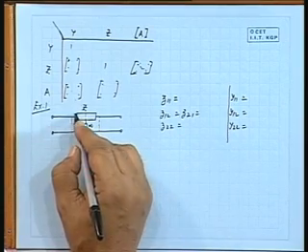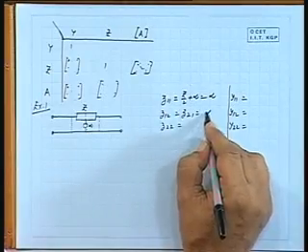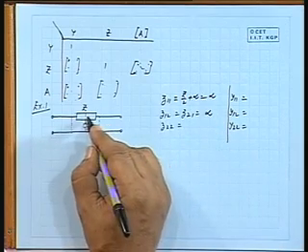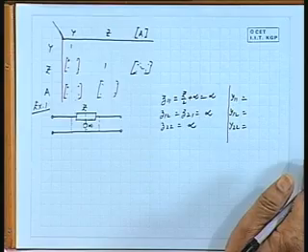So, this is Z by 2 and infinity. How much will be Z11? It will be Z by 2 plus infinity, which is infinity. What about Z12? This one is also infinity. Z22, Z by 2 plus infinity. So, all the three will be infinity, so far as the Z parameters are concerned.